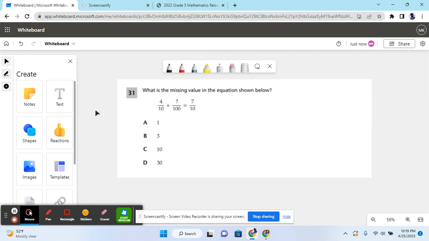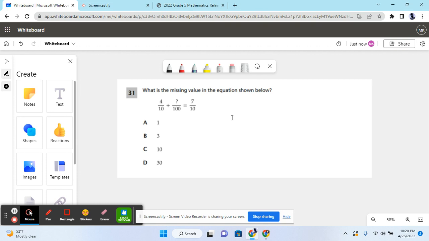So for question 31, it says, What is the missing value in the equation shown below? 4/10 plus question mark over 100 equals 7/10. So we're supposed to find the value of the question mark. What we can do to find the answer is use something called number families.